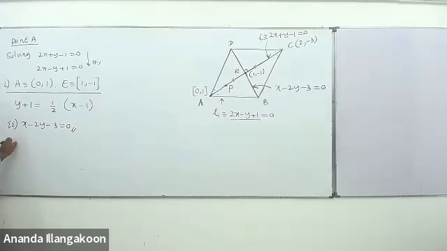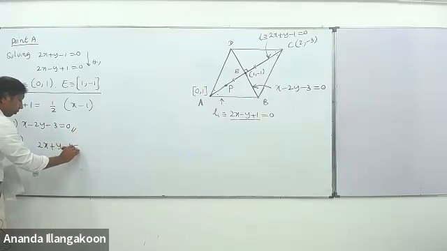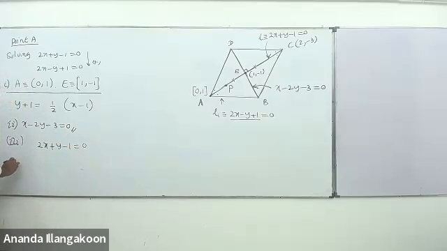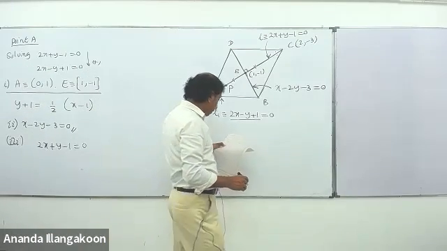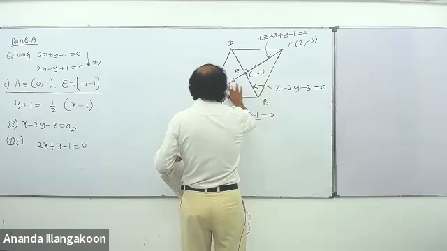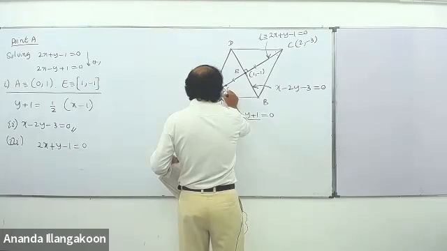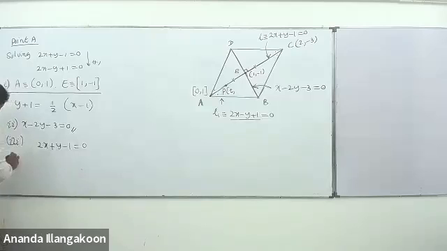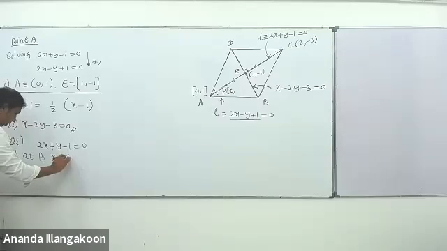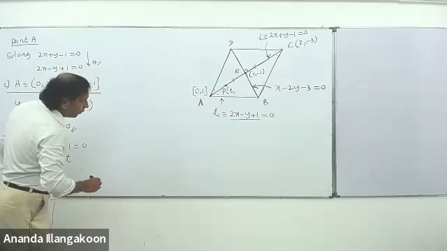The equation of AC we know. AC equation, what? 2x plus y minus 1 equals 0, no? Right. We take the x coordinate of P as t. Let at P, x equals t. All right. Then we need to find, at P, the y coordinate.